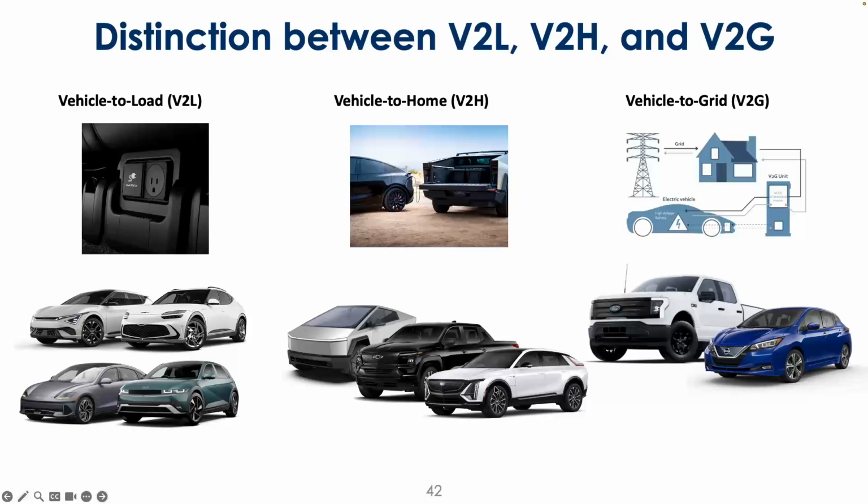So that's vehicle to home. And then the last one is vehicle to grid. This is where I plug in my car and I can discharge electricity back onto the grid. Okay? So this stuff is more complex than smart charging and V1G. This requires more hardware.